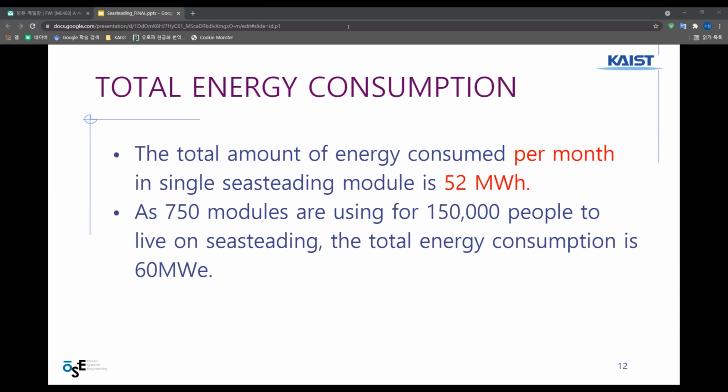The times of the total energy, and the megawatt E is megawatt electric, that the megawatt of energy produced from the electricity. So the megawatt E multiplied by the time will be the megawatt hour.